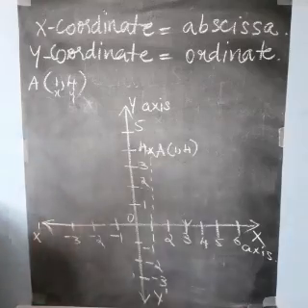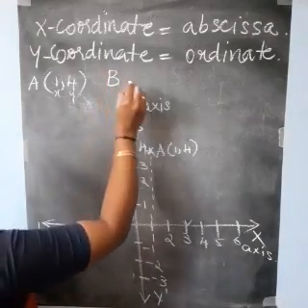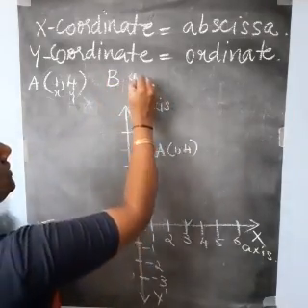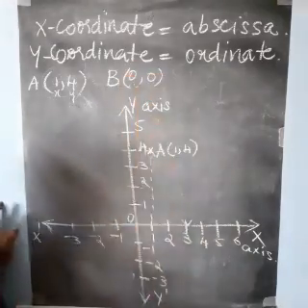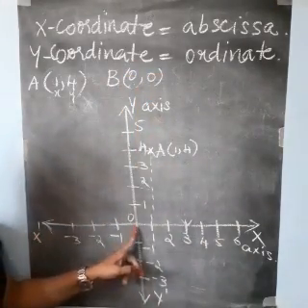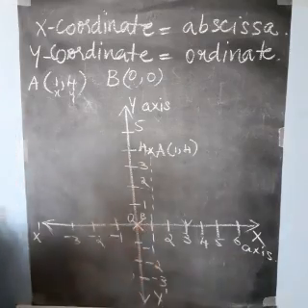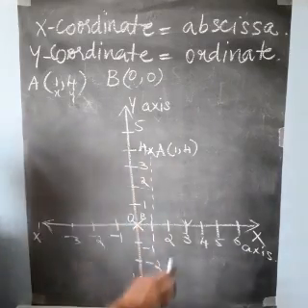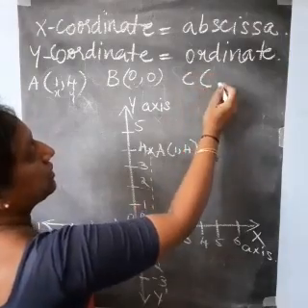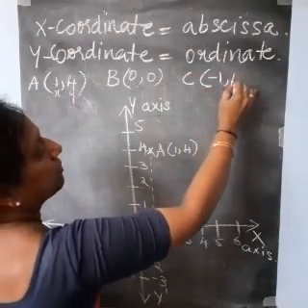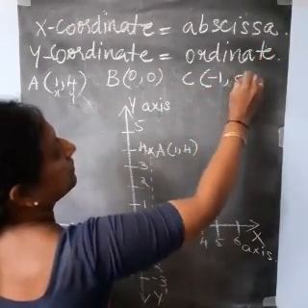Say there is another point that they want you to plot, B of 0, 0. Where will you mark that? That is the origin. So this point will be B. Now supposing they have another point, say C of -1, 5.